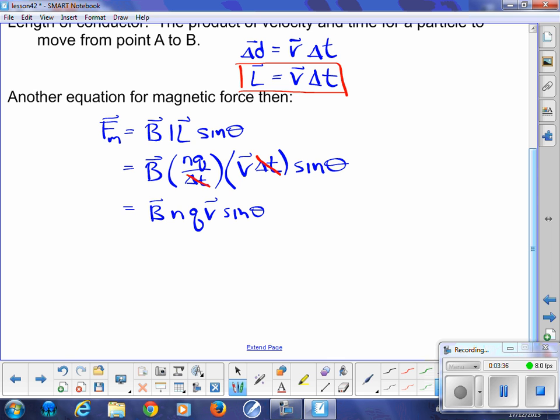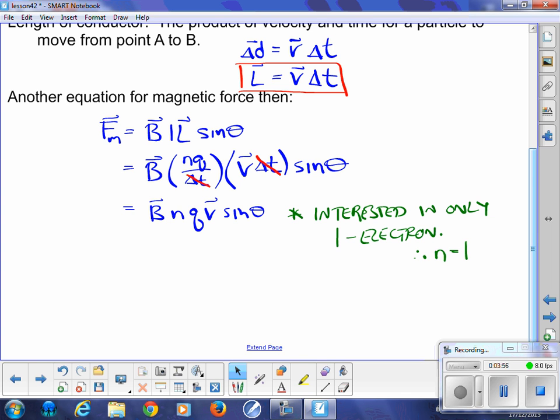Now, what I'm interested in here is only one charge, or only one electron, I should say. What does that mean? That means I'm just going to let n equal 1, because I'm analyzing one particular electron. So the equation then reduces down to B Q v sine theta.